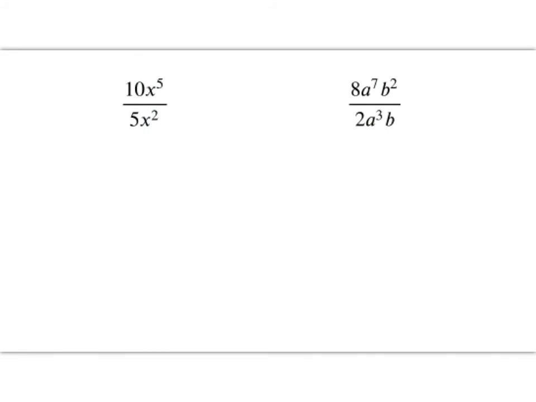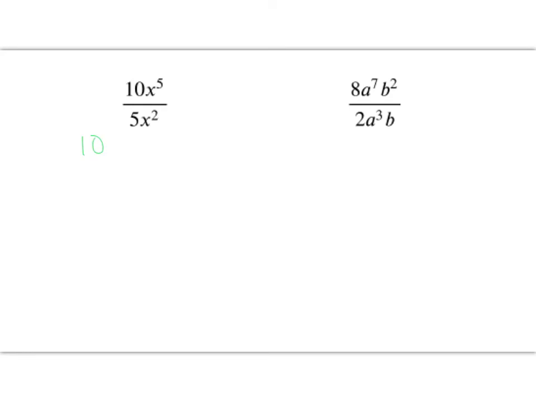Here are a couple of problems that look a little bit like the ones we did yesterday or the other day with multiplication, except now we're dividing. You see numbers, you see bases, you see exponents, and just like before, you want to look at them separately. So 10x to the fifth divided by 5x squared.